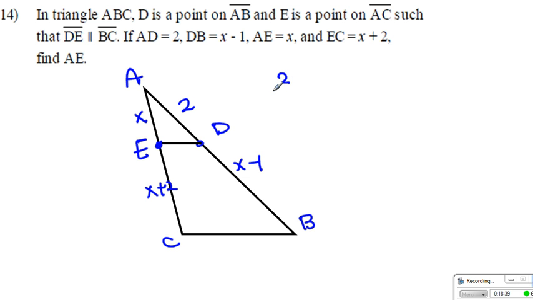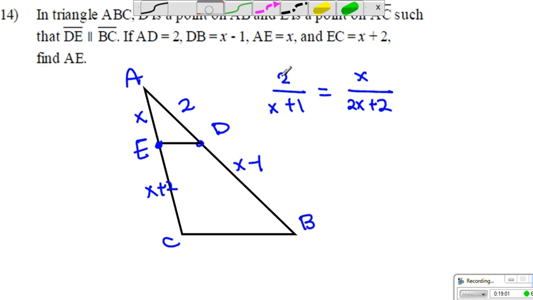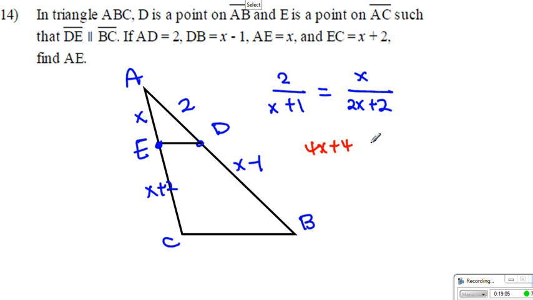The ratio is 2 over x minus 1 plus 2, which becomes x plus 1, which is equal to x over the whole thing, which is 2x plus 2. So when you cross multiply, we get 4x plus 4, which is equal to x squared plus x.